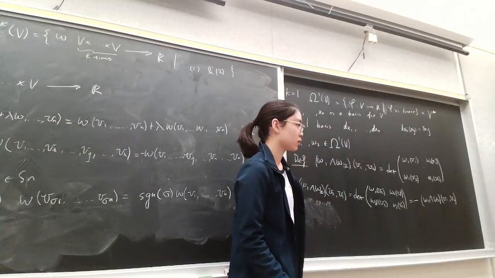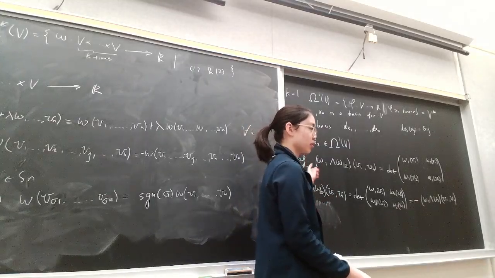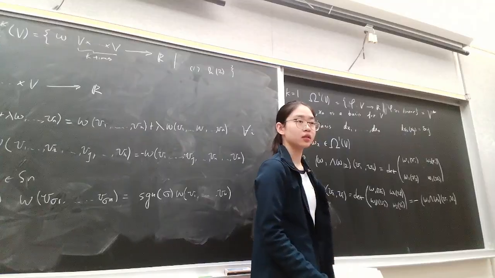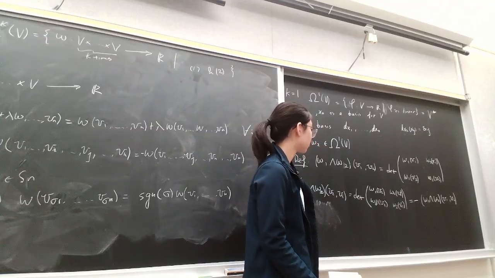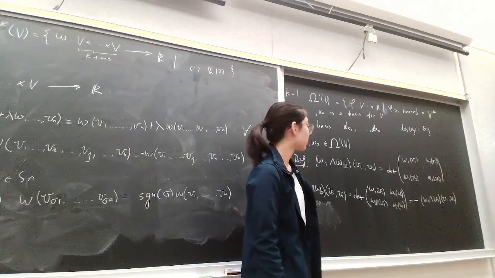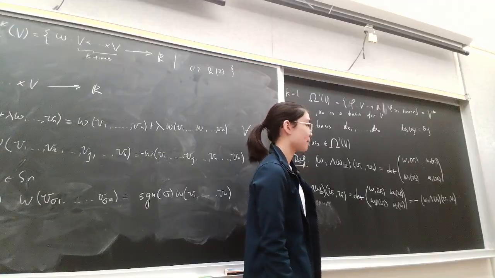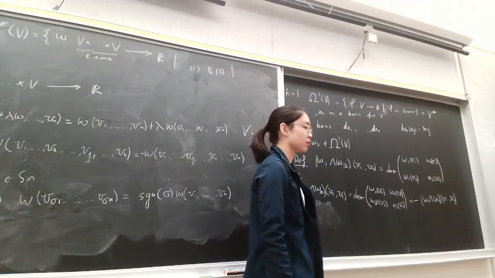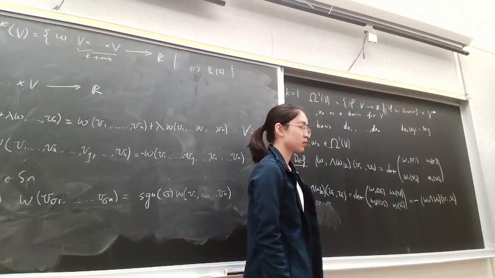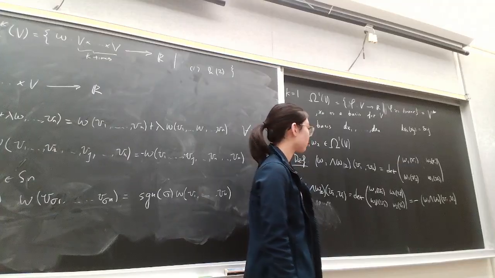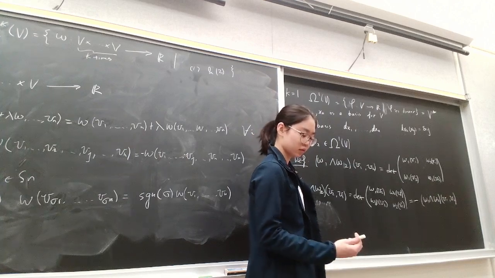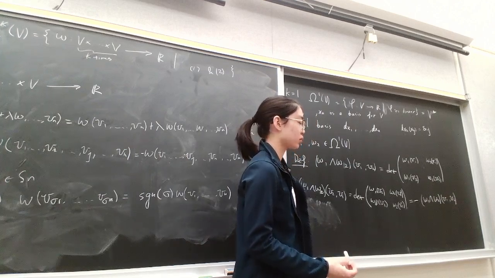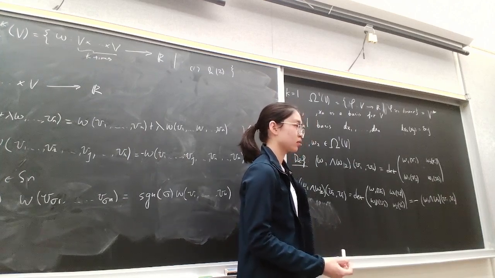V1 only enters in the top row, and omega 1 and omega 2 are each themselves linear. So if instead of V1 I plug in V1 plus some U, then in the top row I get omega 1 V1 plus omega 1 U, and so forth. Then the determinant is linear, and I get that the thing is linear in each of the entries separately.